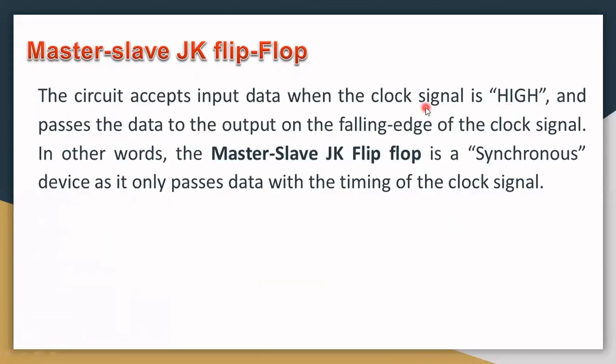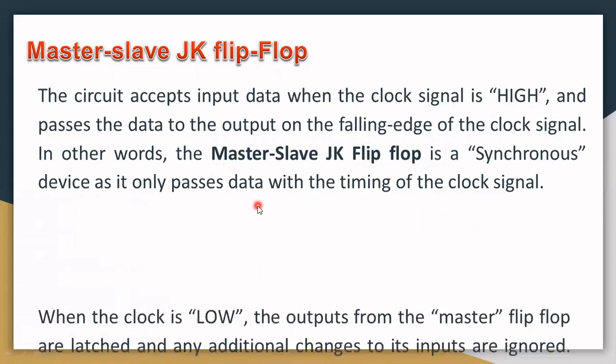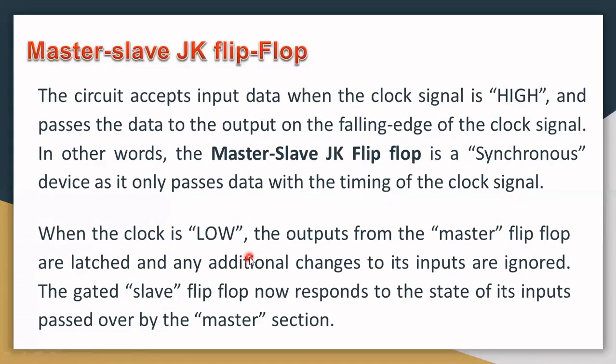This circuit accepts the data only when the clock signal is high and passes the data to the output on the falling edge, or in the negative clock cycle. In other words, master slave flip-flop is a synchronized device as it only passes data with the timing of the clock pulse. When the clock is low, the outputs from the master flip-flop are held and any additional changes to its input are ignored.